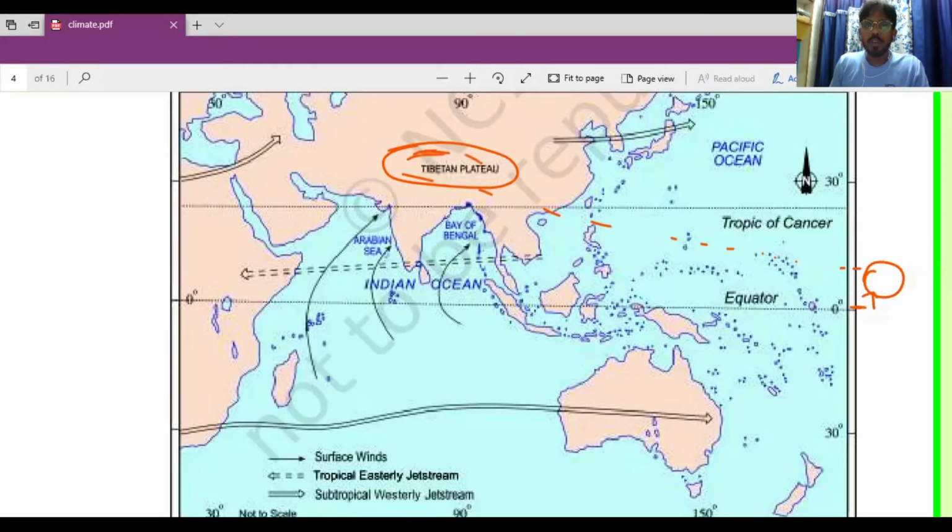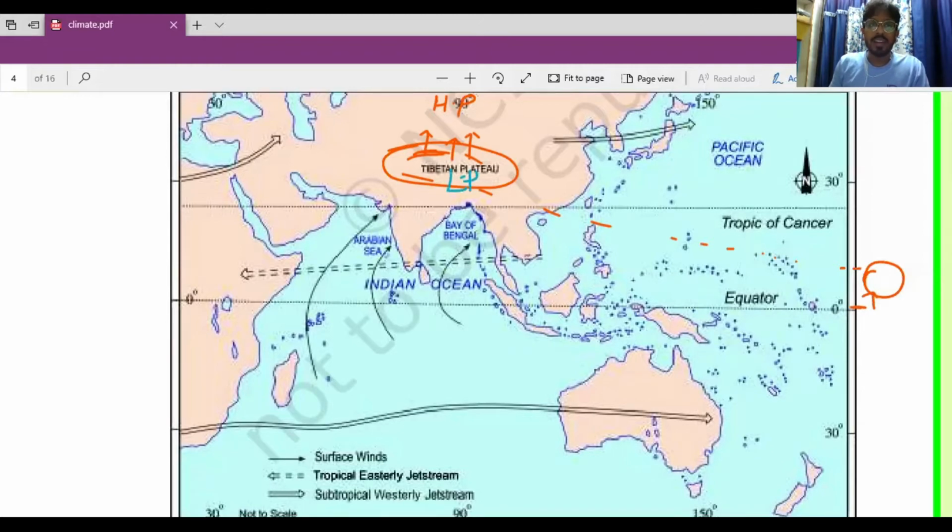So what is going to happen? Whatever air is over here will start heating and it will move upwards. When it moves upwards, what is going to happen? Over the Tibetan plateau it will generate low pressure, and over here it will generate high pressure.